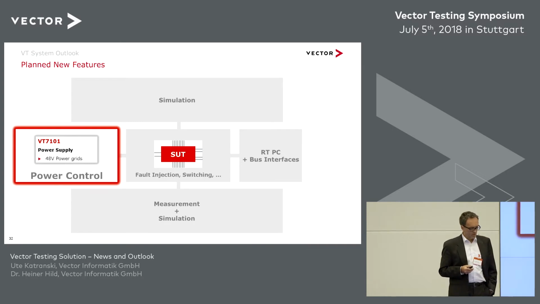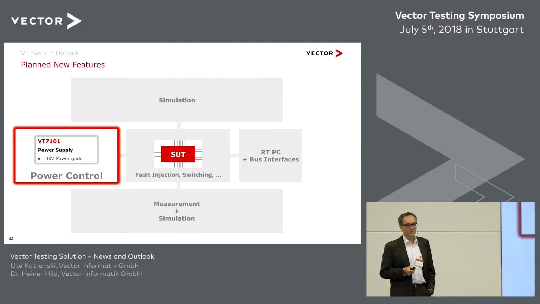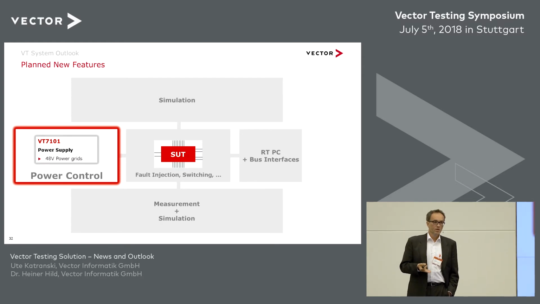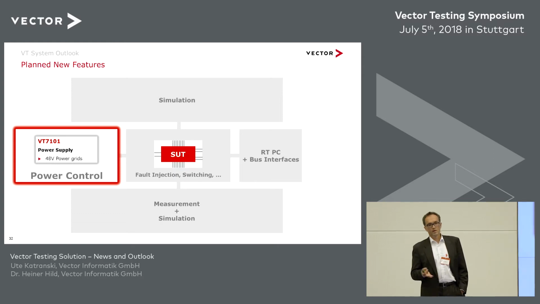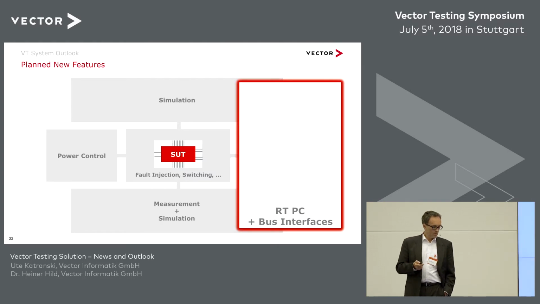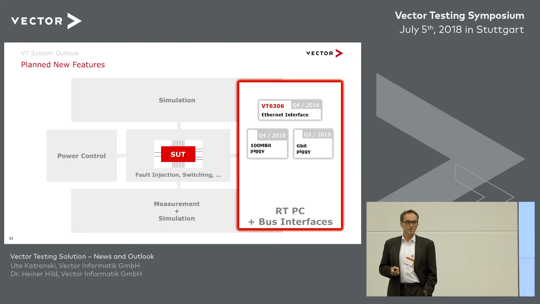Then we've got the power control end. There's a small enhancement. The existing 7001 occurred in several of the slides today. It will also be lifted to the 60-volt level so that the ECU input can be made available for 48-volt power grids. Now, with regard to RTPC and bus interfaces, we've got a major topic there, Ethernet interface.